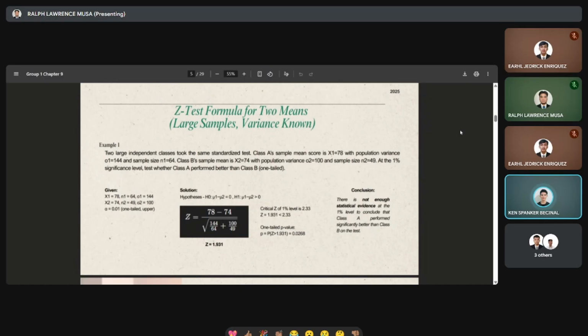Example 1. Two large independent classes took the same standard test. Class A sample mean score is 78 with population variance of 144 and sample size of 64.